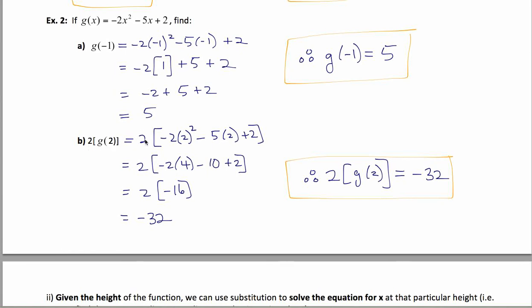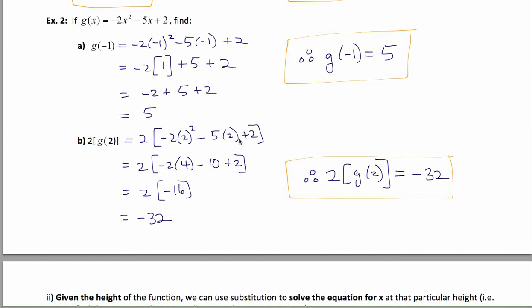Well, I'm just going to do 2 times, and I'm going to open up a big set of square brackets. And then in the square brackets, I'm going to evaluate g at 2. So we'll find out what is g's height when x is 2. We substitute our 2's in instead of the x's. We evaluate and simplify until we get negative 32. So that means that 2 times g at 2 equals negative 32.